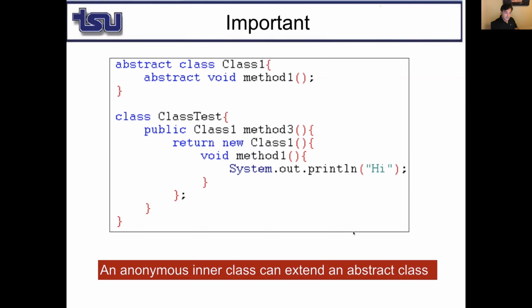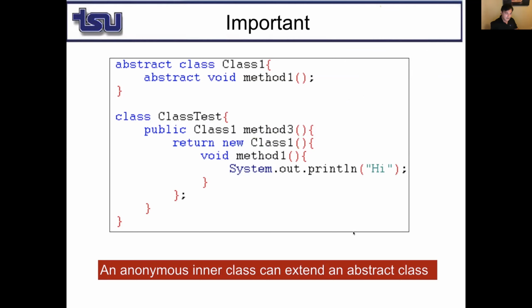In fact, class 1 is abstract, right? If I go and do this, class 1 obj = new class 1, can I do that? I cannot. Why? Because it's abstract. Abstract classes cannot be instantiated. You cannot create an object. But as I said, that's not my intention here.